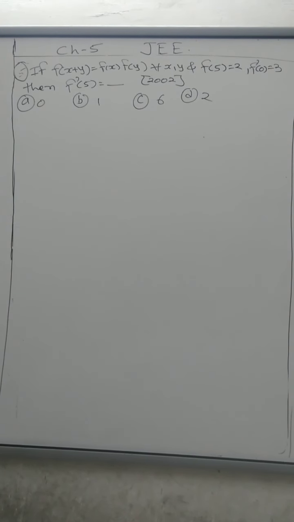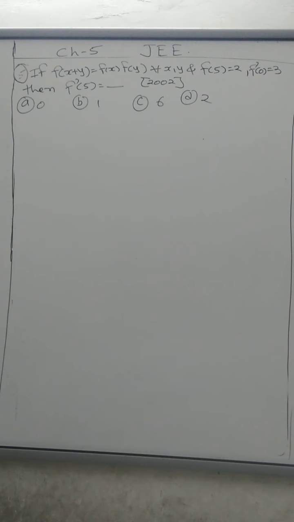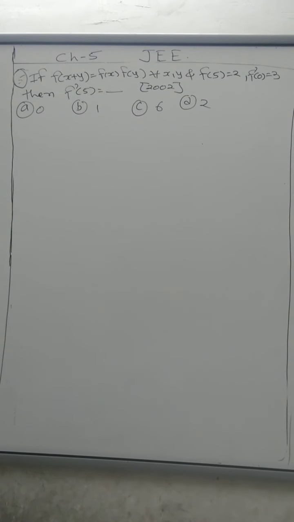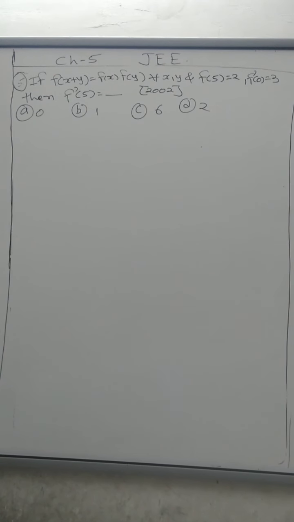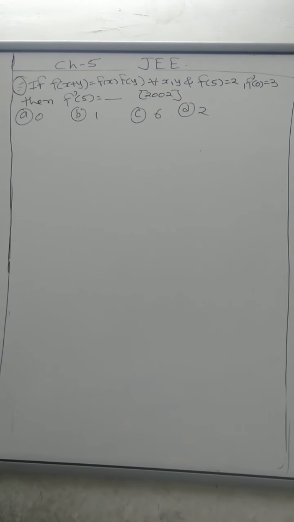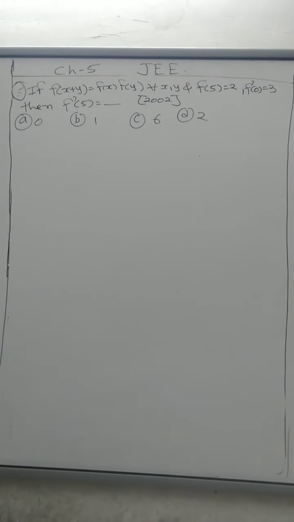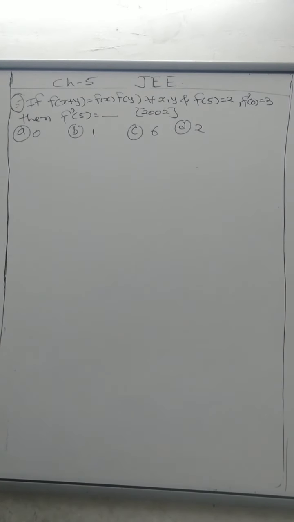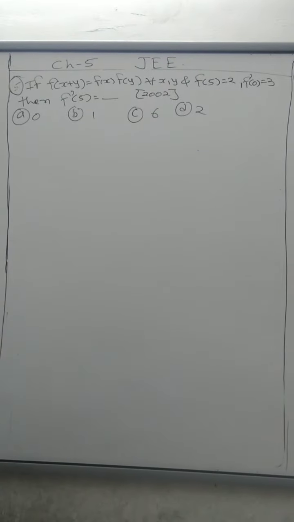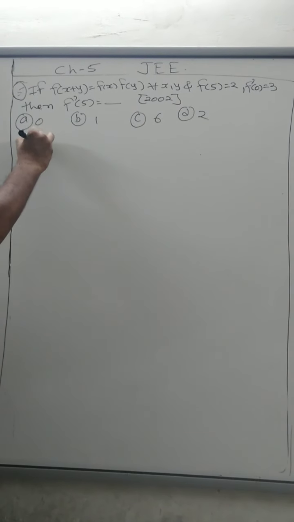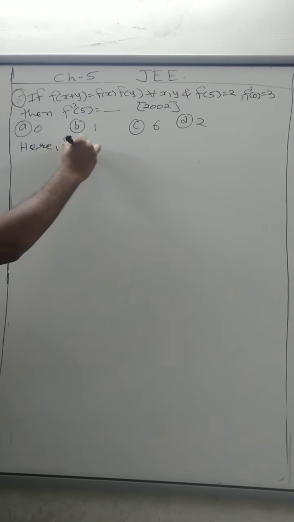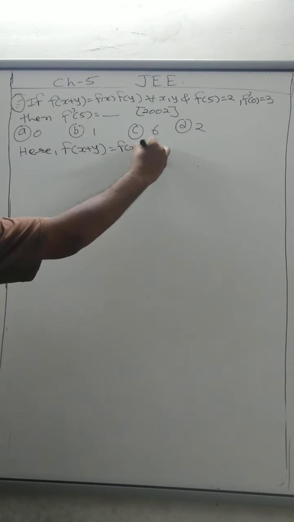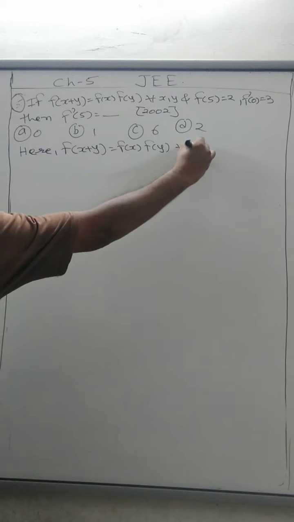Now the next one, fifth one. If f of x plus y equals f of x into f of y for every x, y, and f of 5 is equal to 2, f dash 0 equal to 3, then what is f dash 5? This is also asked in a 2002 question. So here f of x plus y is equal to f of x into f of y for every x and y.